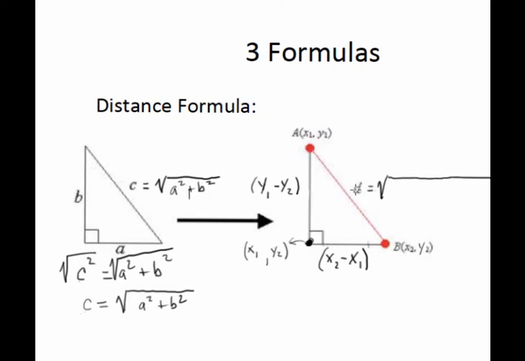The distance of this line, as you see from right here, this distance c, is going to be the square root of this side squared plus this side squared. So in here, what is the distance of this side? Well, it's just x2 minus x1.